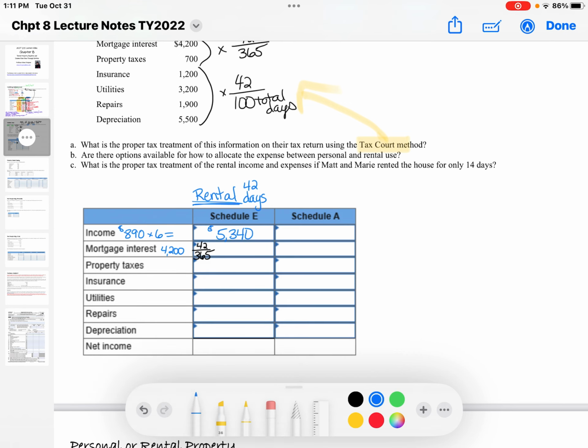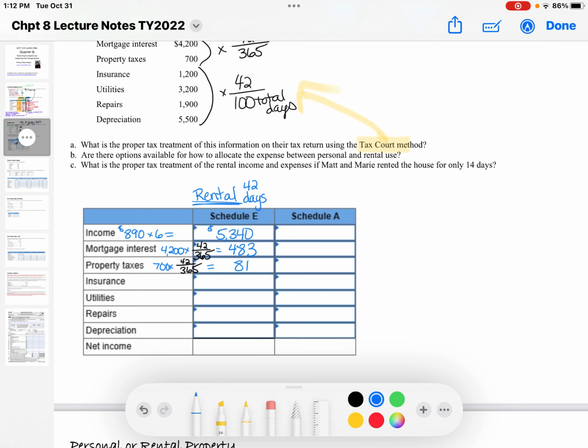So I would take this $4,200, multiply it by that fraction, and I get $483. I'm going to do the exact same thing for property taxes. It was $700 for property taxes. I'm going to multiply that by 42 over 365. And so my property taxes that I'll be able to deduct, $81.